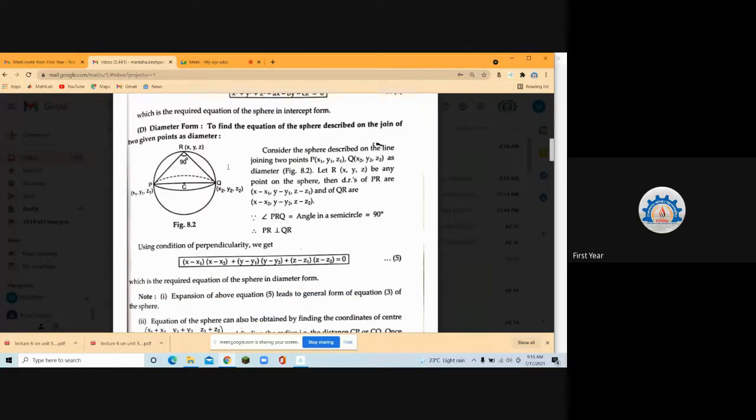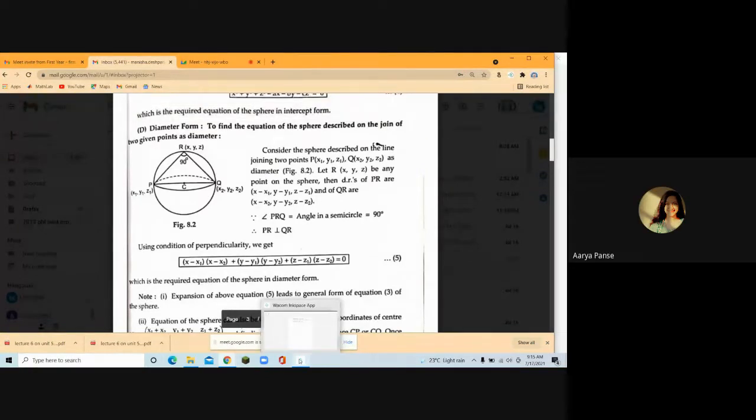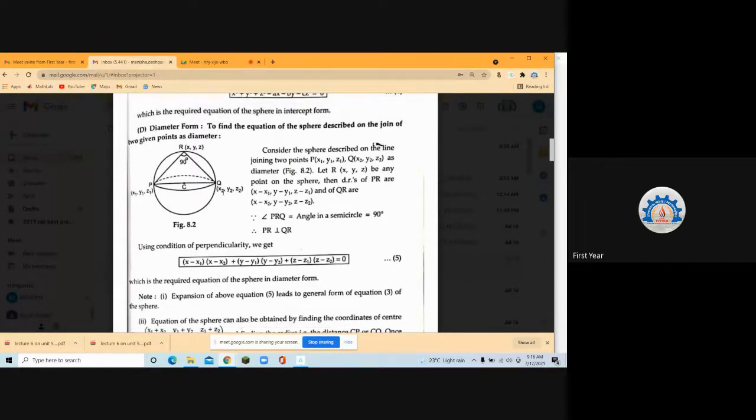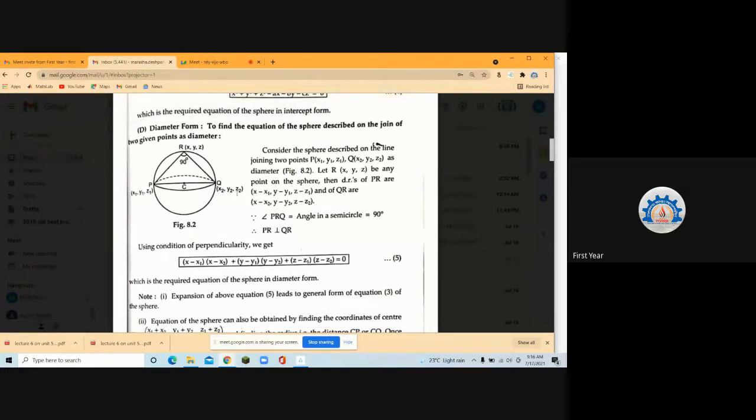Next is the diameter form of the equation of sphere. Just see, we have done the angle between two lines concept. If I'm talking about the diameter of the sphere, then P and Q are the endpoints of the diameter which will be given to me. There will be x1, y1, z1 and x2, y2, z2.